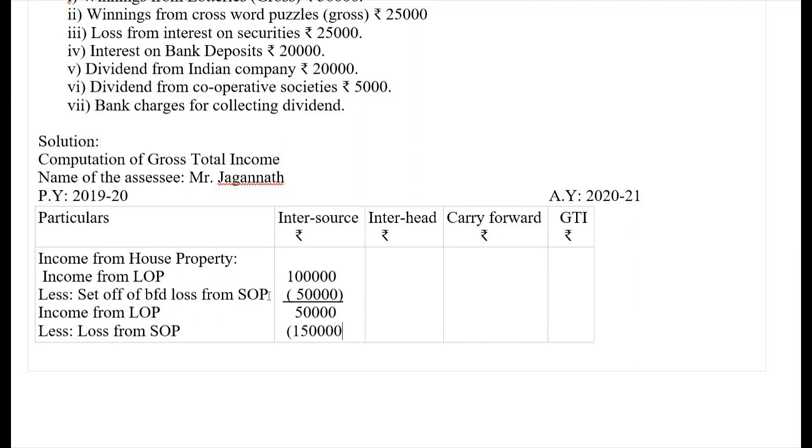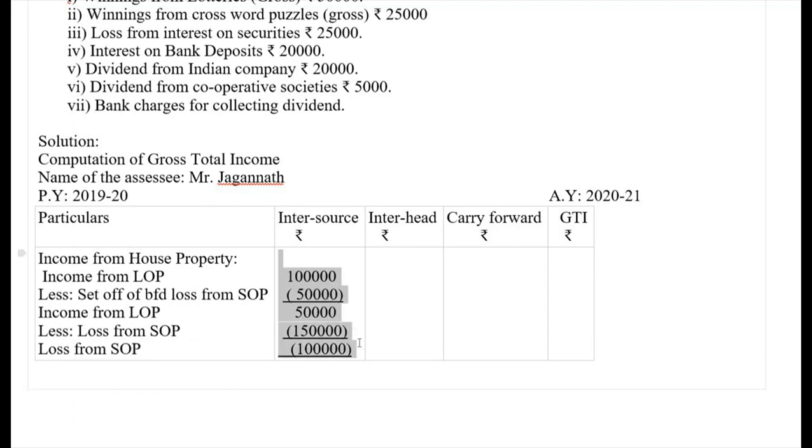So now let us find out how much is the remaining loss. It is rupees 1 lakh. Remember, this is loss from SOP of current year. This we shall take to inter-head. Suppose if we have income from other heads, we can make adjustment here.